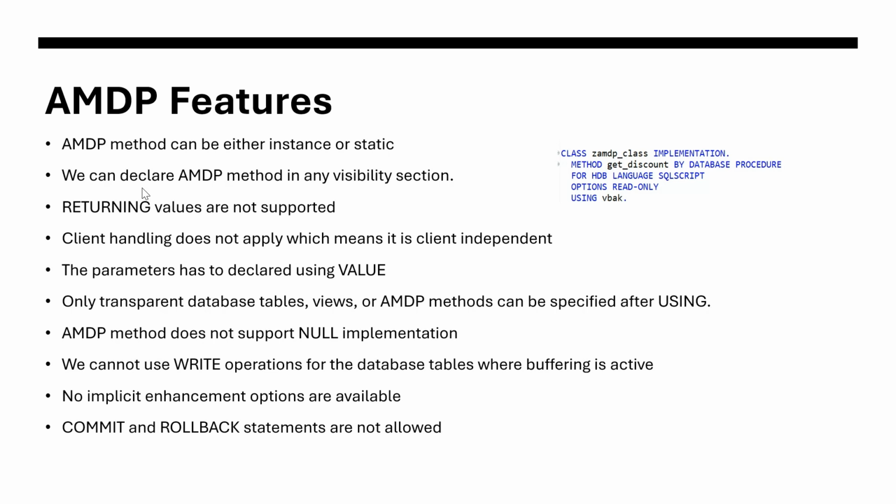And second one is we can declare an AMDP method in any visibility section. If you observe, we have declared that AMDP method in the public section now, but we can do it in protected or private based on our need. It has the flexibility to declare in any visibility section.